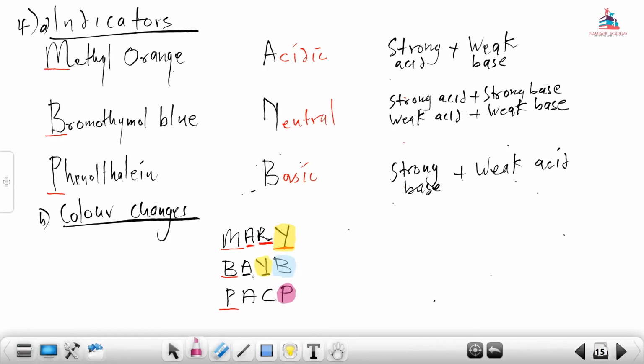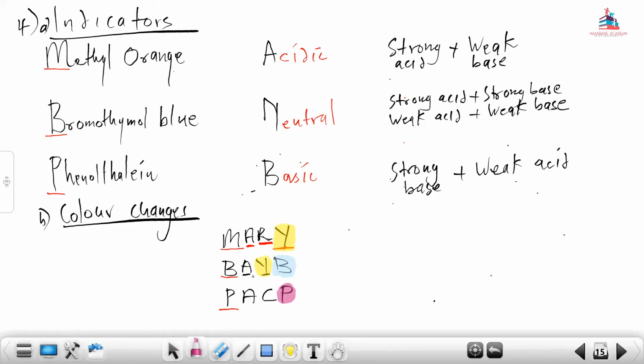So if I'm going to add bromothymol blue in a container of an acid, that acid will change from colorless now to yellow. But if I'm going to add the bromothymol blue into the base solution, remember the base is also colorless. So it's going to change now from colorless to blue.